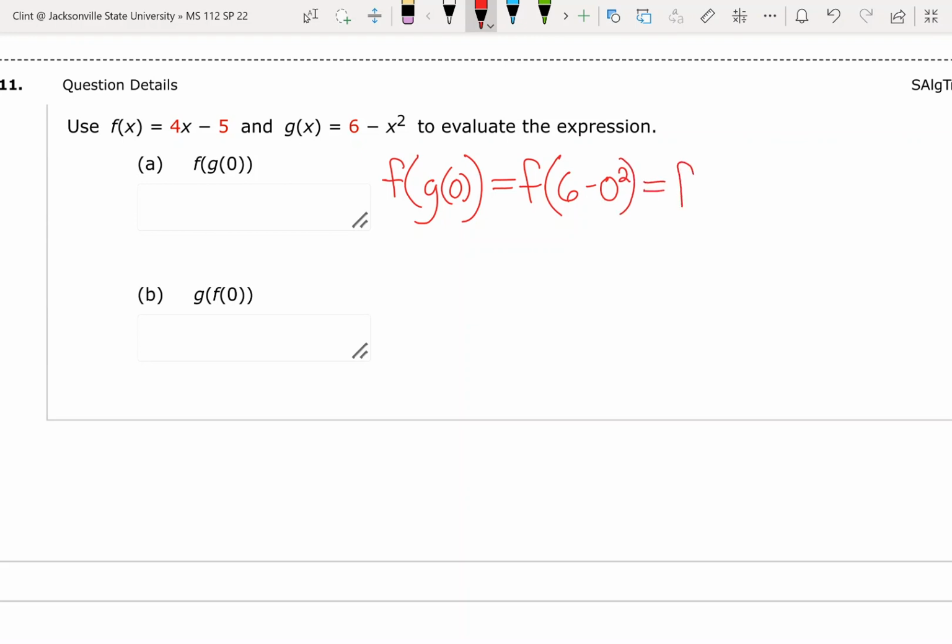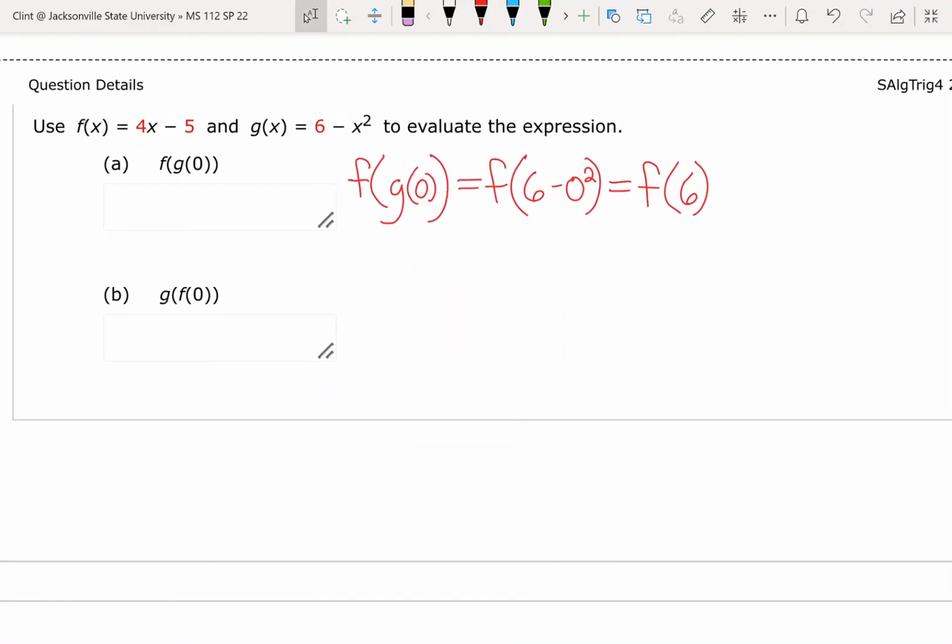That's just 6, so we want f of 6. For 6, we're going to plug into f of x. So we'll have 4 times 6 minus 5. So it's 24 minus 5, so that's 19.